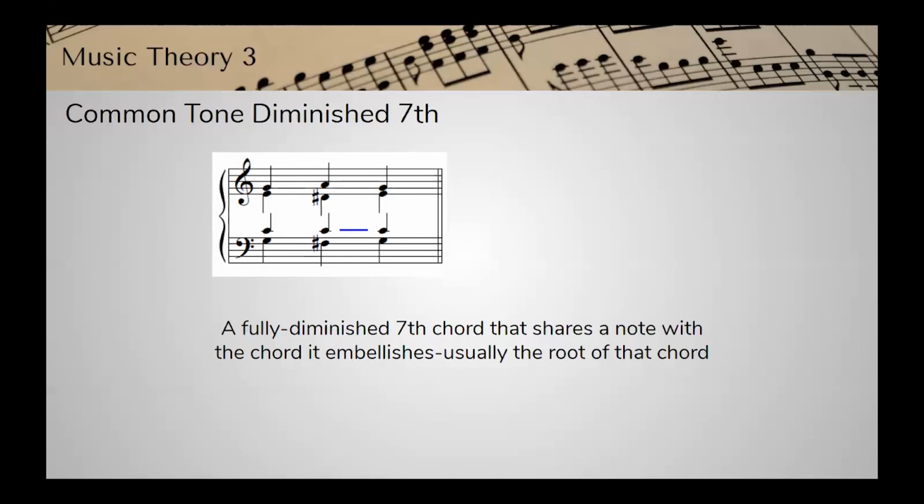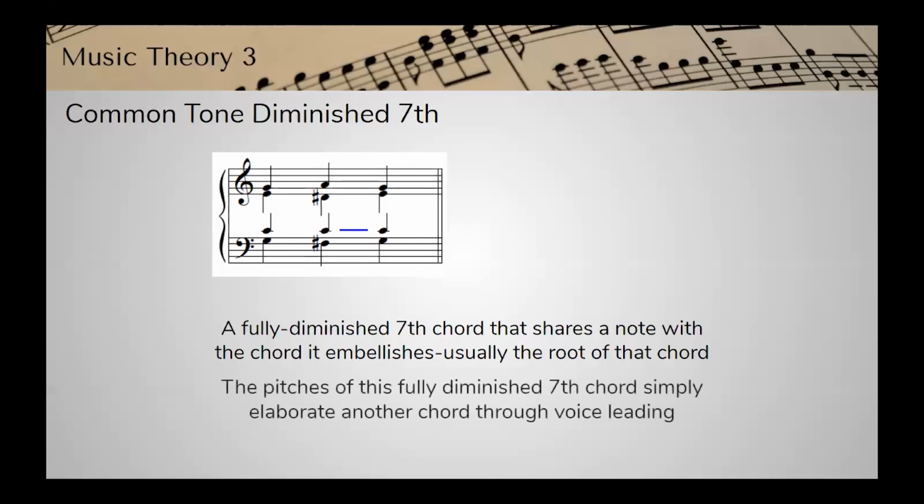So what's happening is that C is in common between those two chords. So C is the root of the last chord, but it also exists in the fully diminished seventh chord. And so we have to consider this chord not functionally, like we don't consider it the harmonic function because it doesn't really have one.